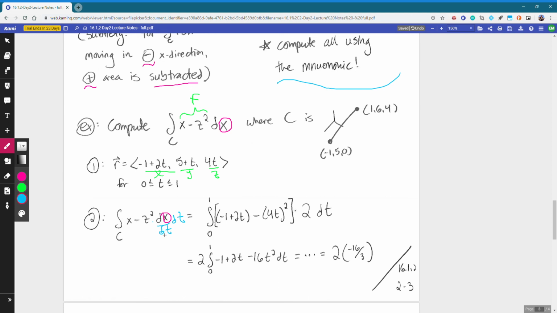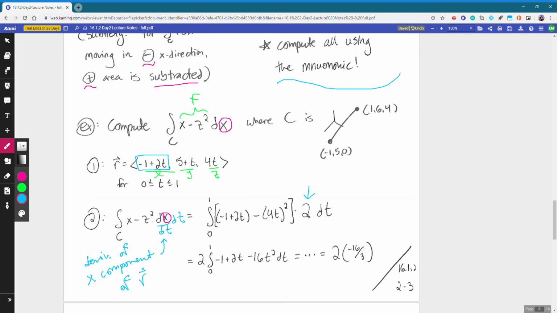And then here, what goes multiplied against that, dx/dt, again, this is the derivative of just the x component of our parameterization. Looking up here, the x component of our parameterization is right here. The derivative of the x component is just the constant 2, and so that's what gets plopped in where it needs to go, replacing the dx/dt with what it equals.